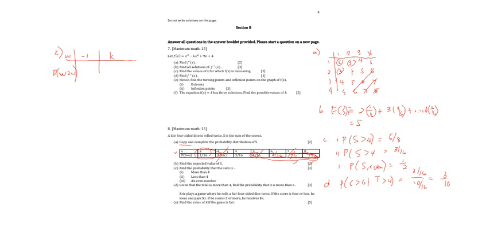So when does he lose? He loses $1 if the score is 4 or less. The score is 4 or less here. So 4, 5, 6, 7.